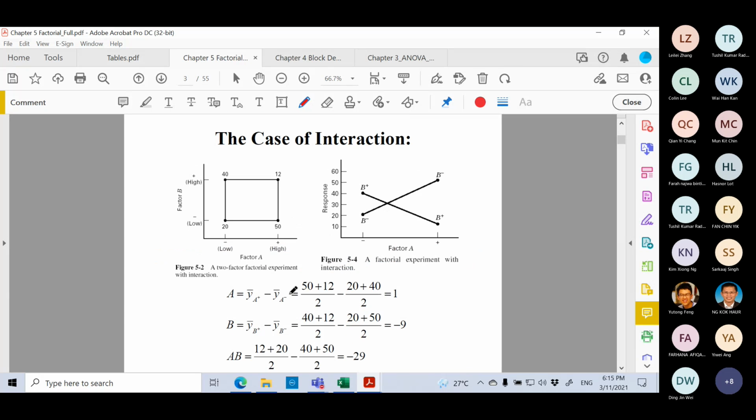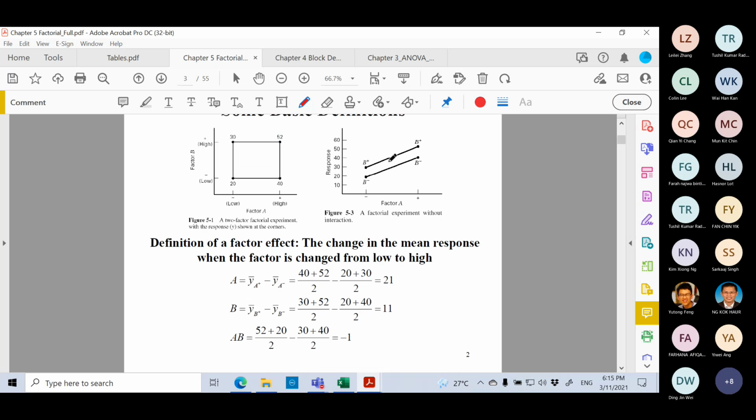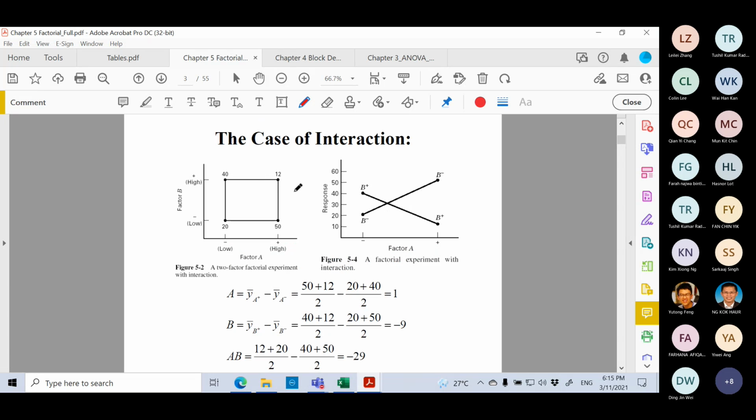So after that, you can see from the second diagram here. This is another set of values we put in here. For the case here, you can see that it's two parallel lines, and then the interaction is very close to looking like there is no interaction at all. The effect here is -1. However, if you go to this diagram here, these are the experimental values you obtain.